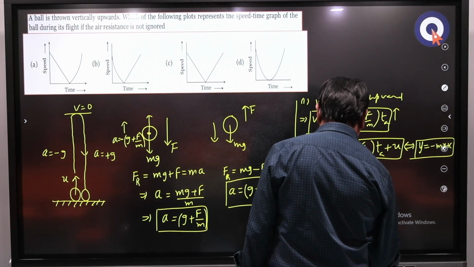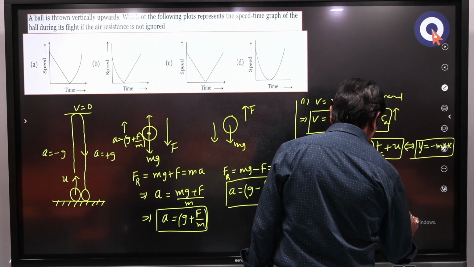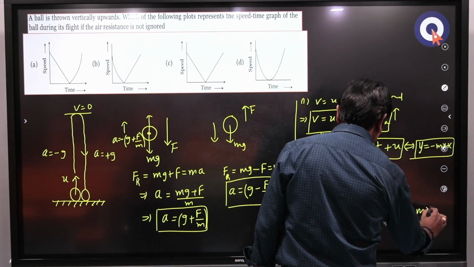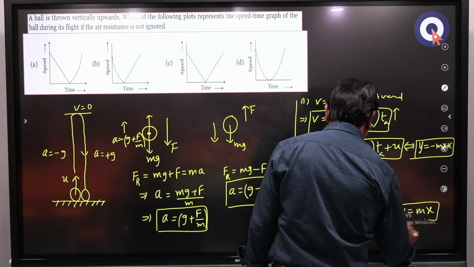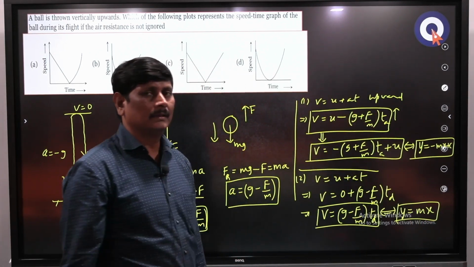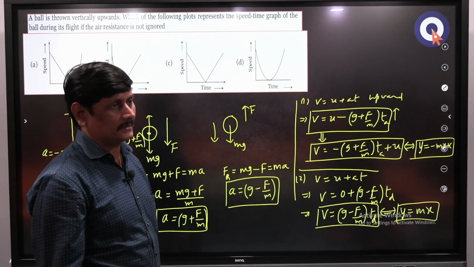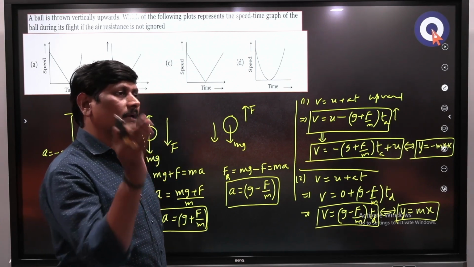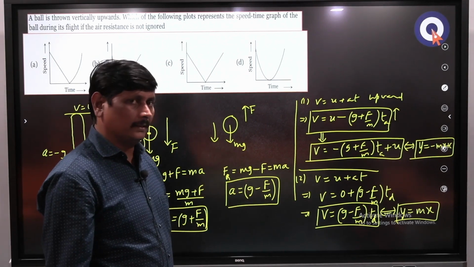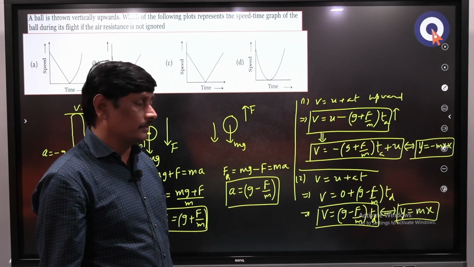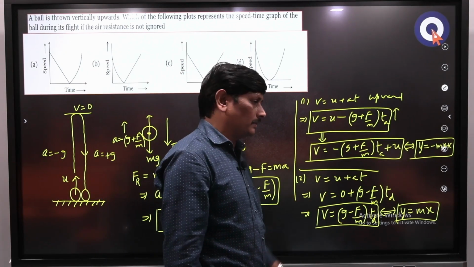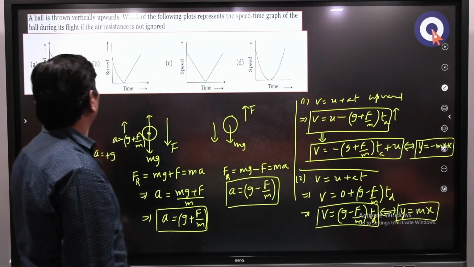This is the equation. This equation is like y is equal to mx, no c. Y is equal to mx means a straight line passing through the origin, or a straight line starting with 0. Starting with 0 because U is equal to 0. Okay, which one? This is a curve.